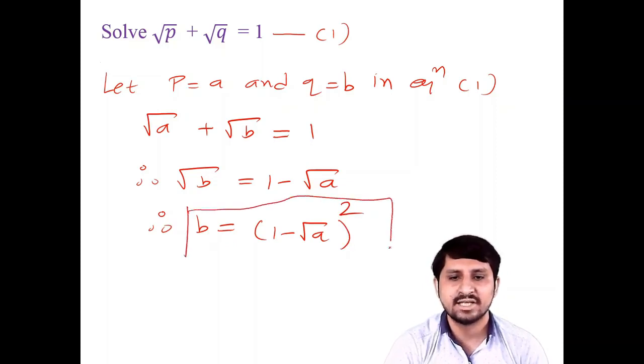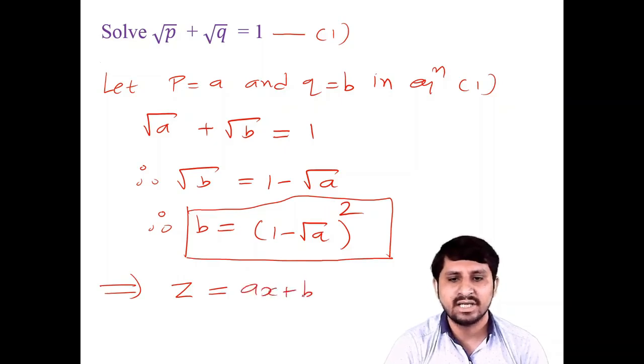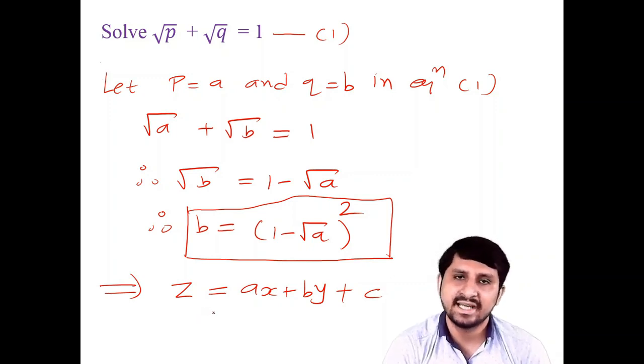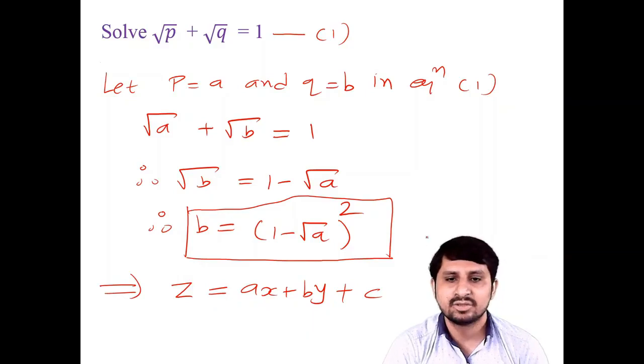Now this is the value of b that we have to put in our equation. What is our complete solution? We know that the complete solution is z is equal to ax plus by plus c. So put this value of b in this equation.